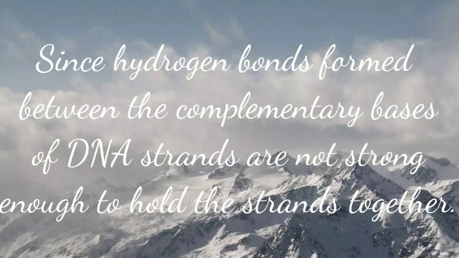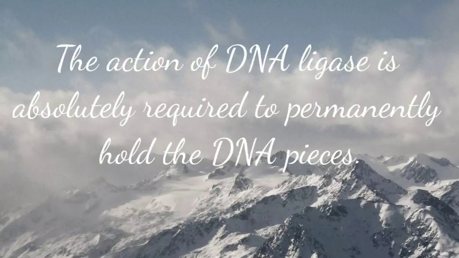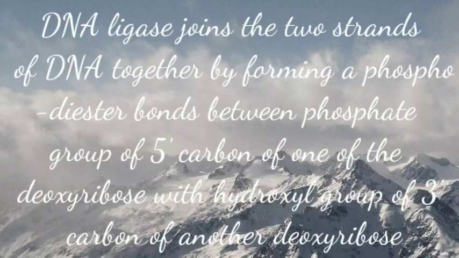Hydrogen bonds formed between the complementary bases of the DNA strands are not strong enough to hold the strands together, so the action of DNA ligase is absolutely required to permanently hold the DNA pieces together.